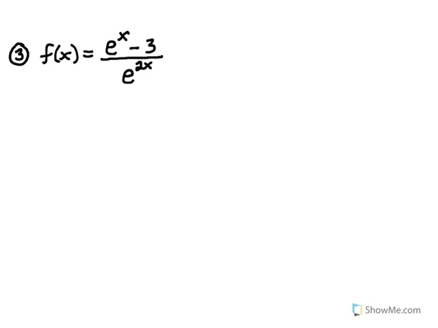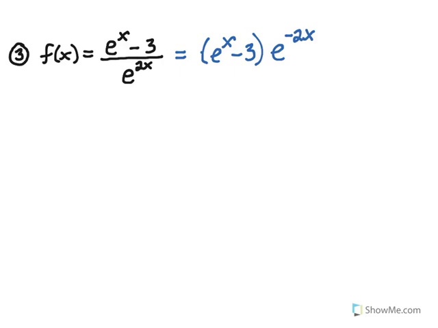Example number 3. F of x is equal to e to the x minus 3, all divided by e to the 2x. Let's rewrite the original function. I have e to the x minus 3 times e to the negative 2x.